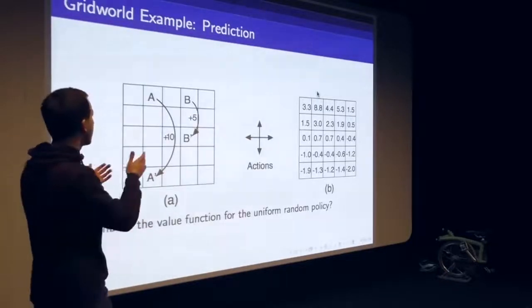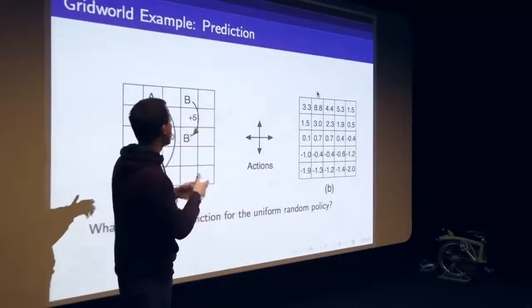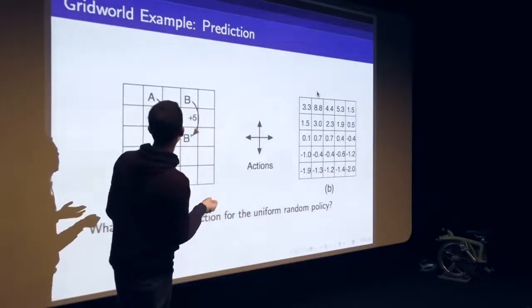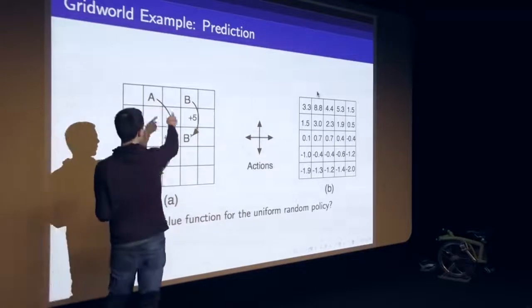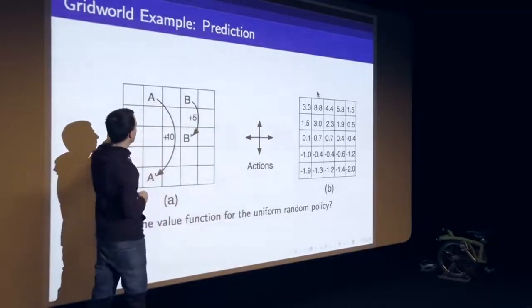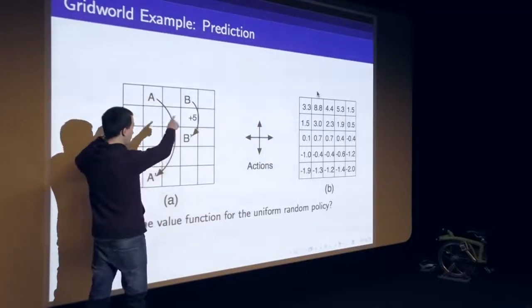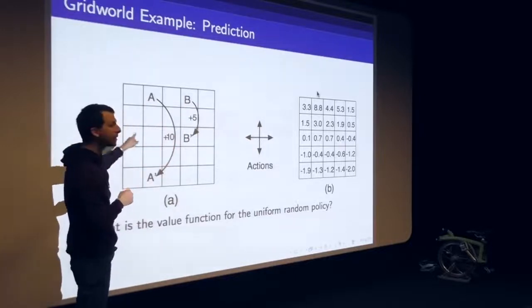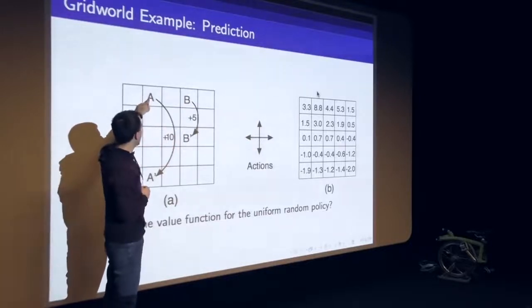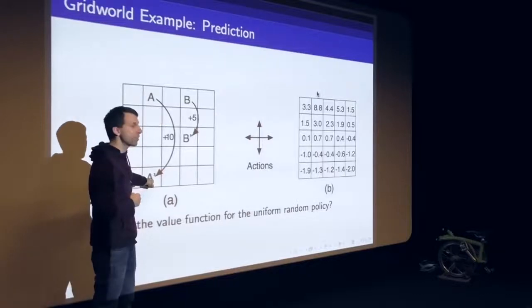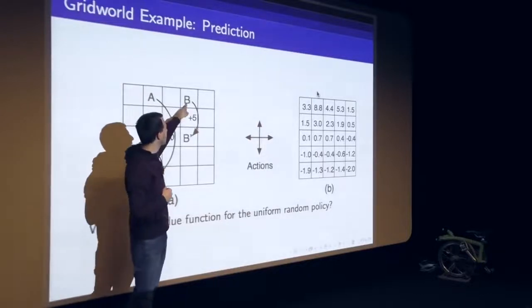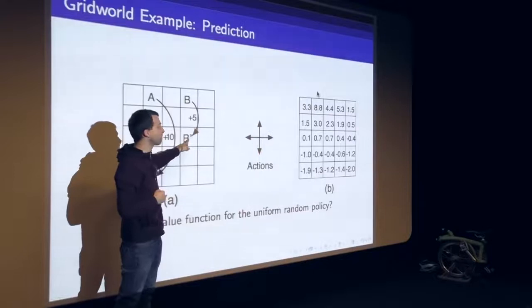If we go back to our grid world example, you can have a grid world like this. Again, you've got an agent moving around this grid world. It basically gets -1 per time step, but if it goes to A, it gets a +10 reward and teleports to A prime. If it goes to B, it gets a +5 reward and teleports to B prime.